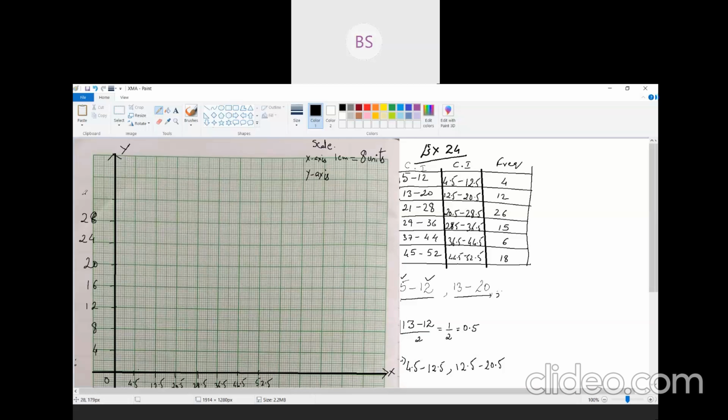Each value's difference is 4. From 0 to 4 the difference is 4, 4 to 8 the difference is 4.